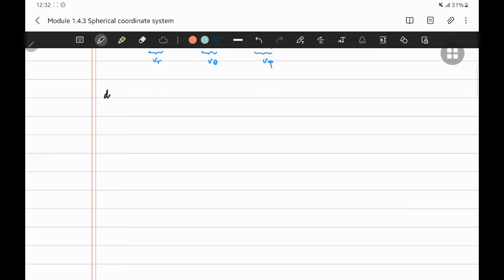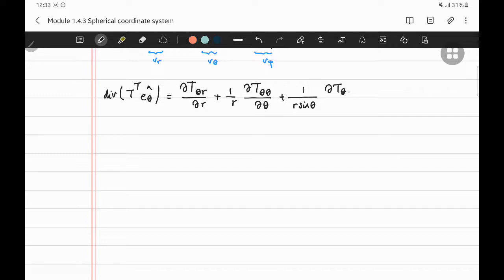Therefore, we have the divergence of T transpose E theta is equal to partial derivative of T_theta R with respect to R plus 1 divided by R partial derivative of T_theta theta with respect to theta plus 1 divided by R sine theta, partial derivative of T_theta phi with respect to phi plus 2 divided by R T_theta R plus T_theta theta cotangent.